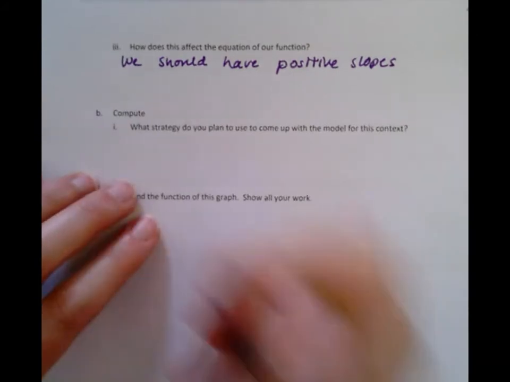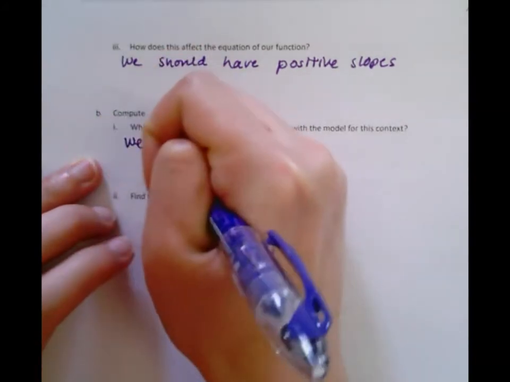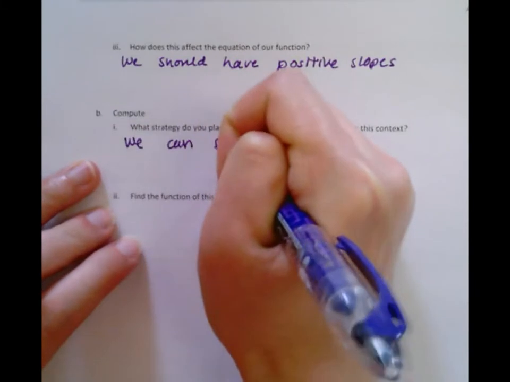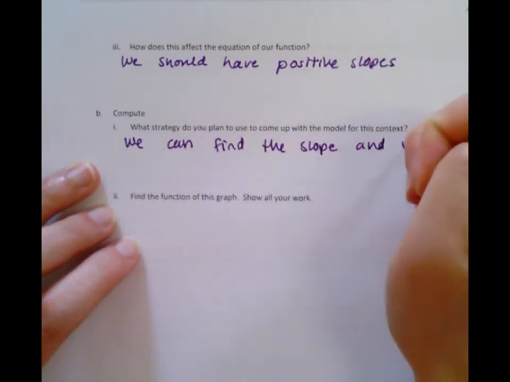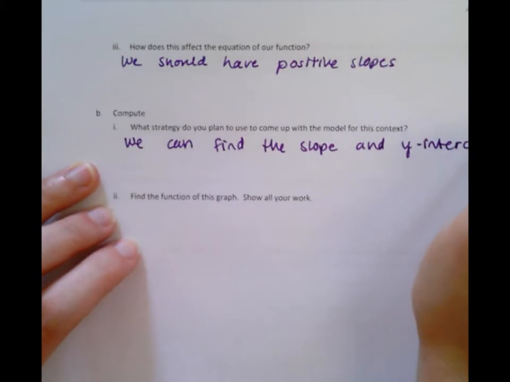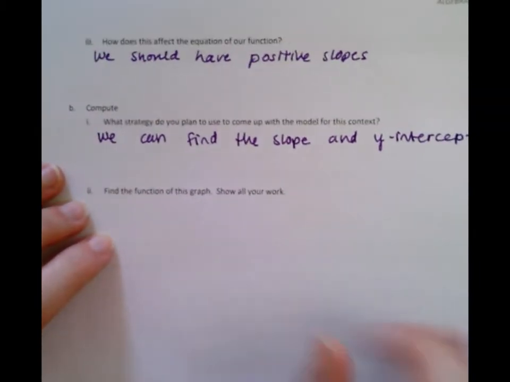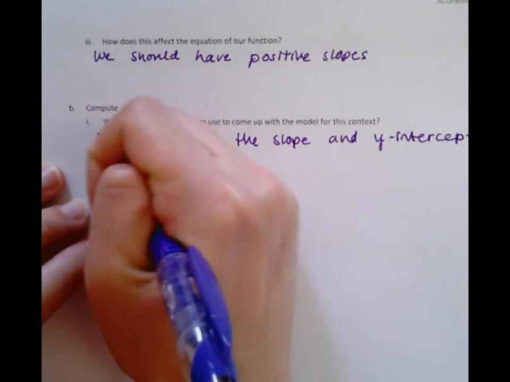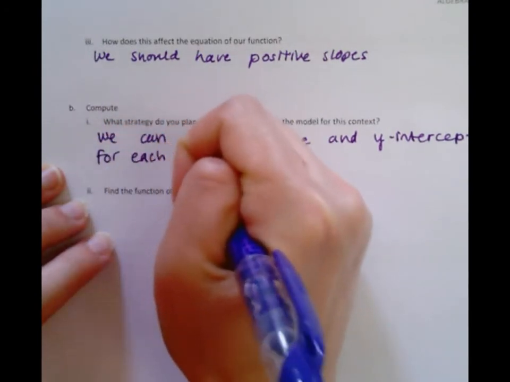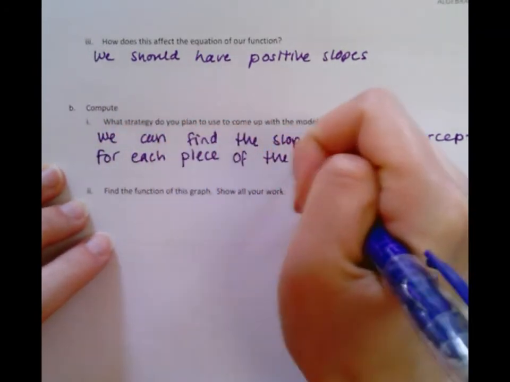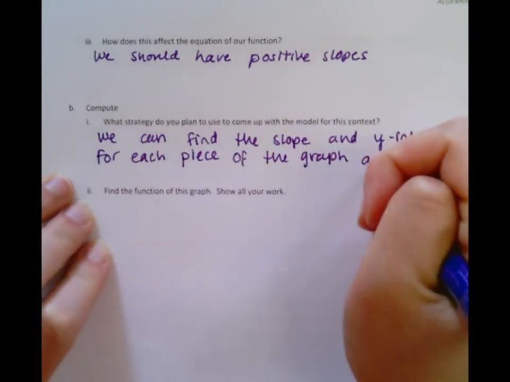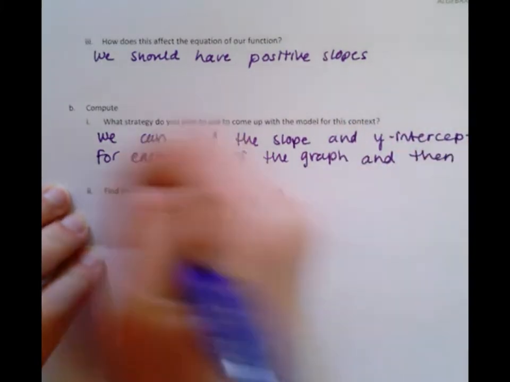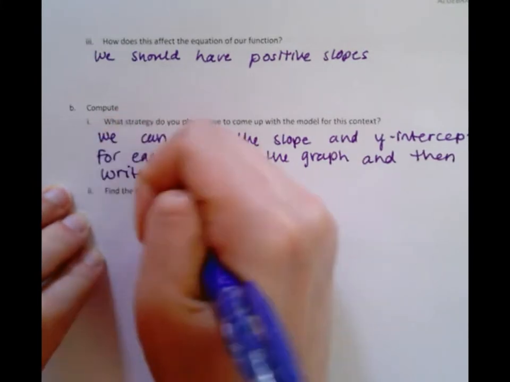We can find the slope and the y-intercept for each piece of the graph, and then write the piecewise function.